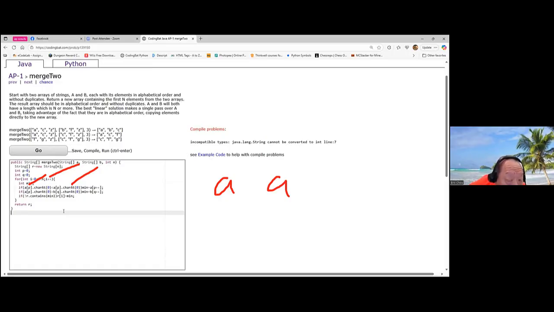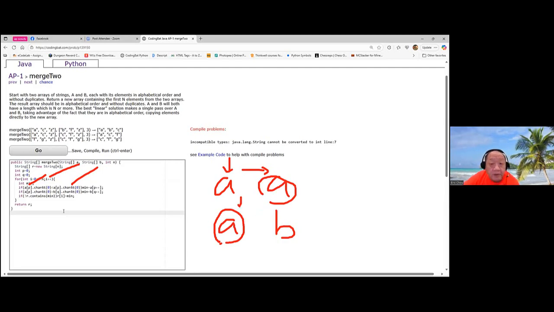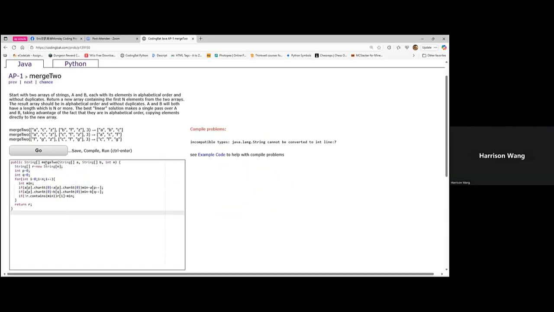So here, if you have AA and AB, you pick A, this one moves on to this one. This one will not be picked, but the next time you may pick this one, but it will not be added. Okay, this one may work. You try, okay.